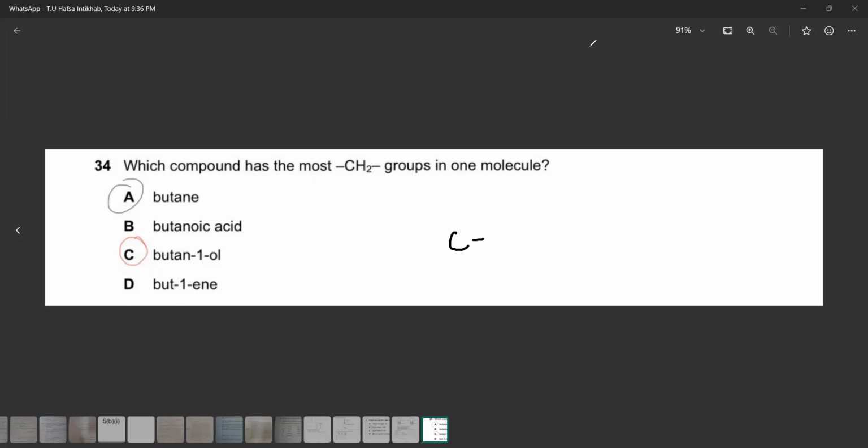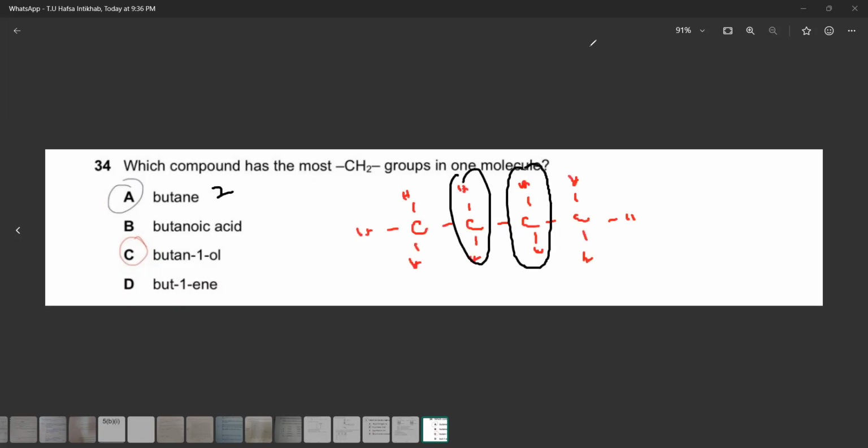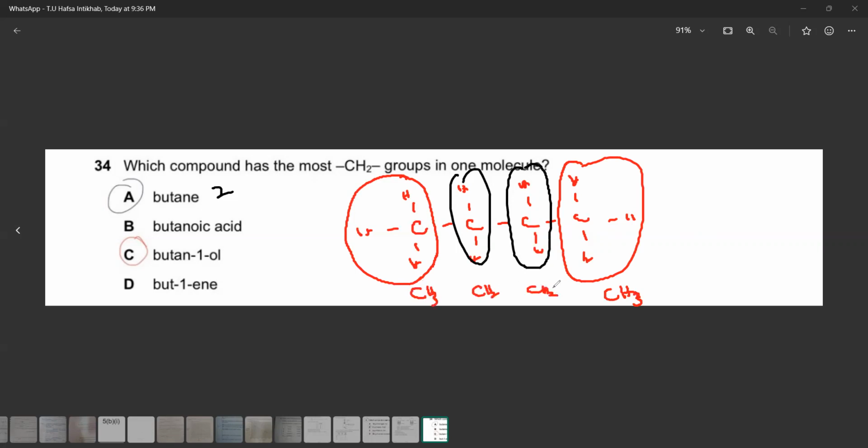The end is not a CH2 group, it is a CH3 group, carbon attached with 3 hydrogen. Then 2 hydrogen and 2. So these are CH2 groups, and the ends are CH3 groups.